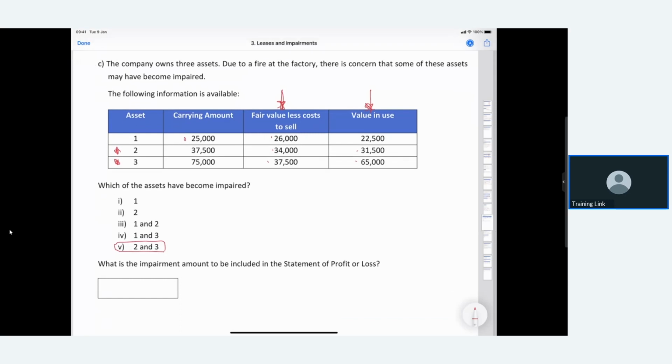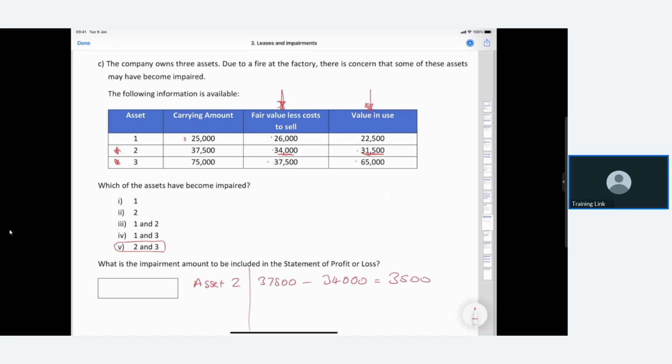What is the impairment amount to be included in the statement of profit or loss? So for asset 2, it would be the current value. So we've got 37,500 minus, and remember we want to pick the higher out of these two figures. So it would be now valued at 34,000. So your difference there is 3,500.